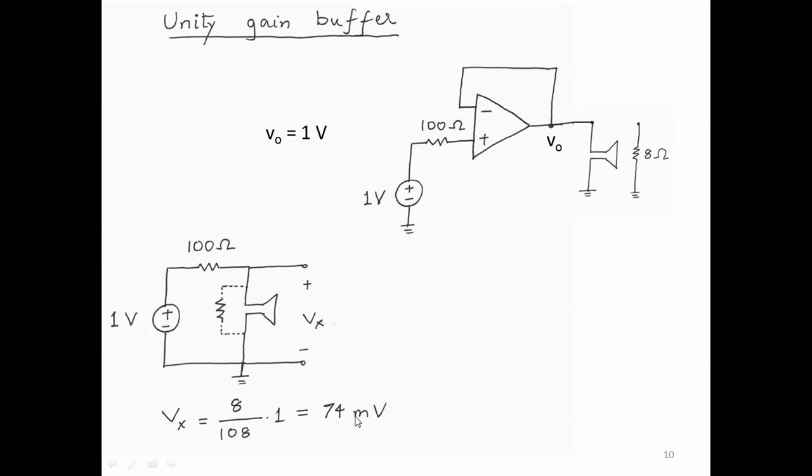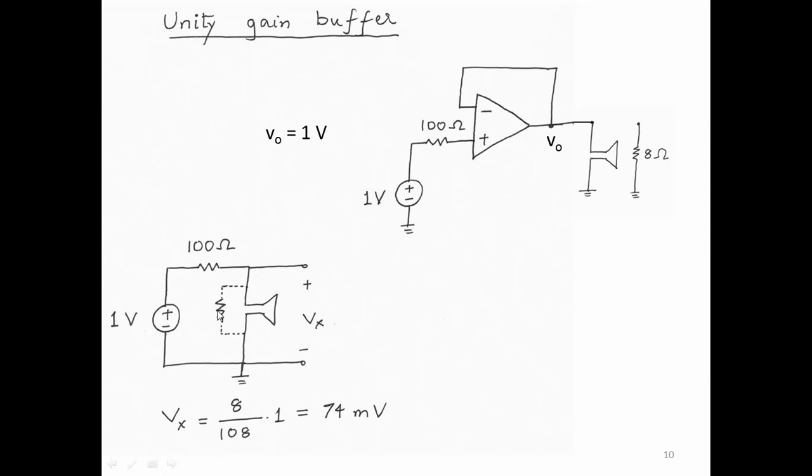It is what? 7.5% of the voltage I wanted. This effect is called, in electronic circuits, loading. The speaker is called a load, and this is the source resistance.